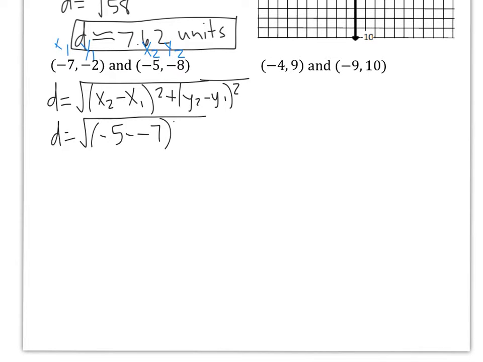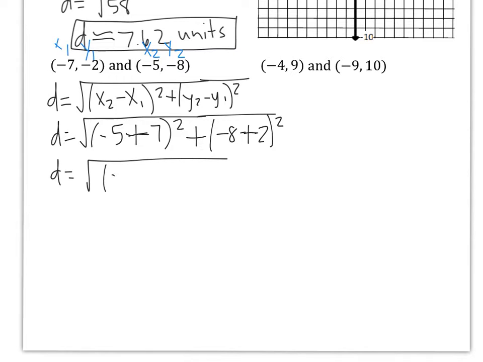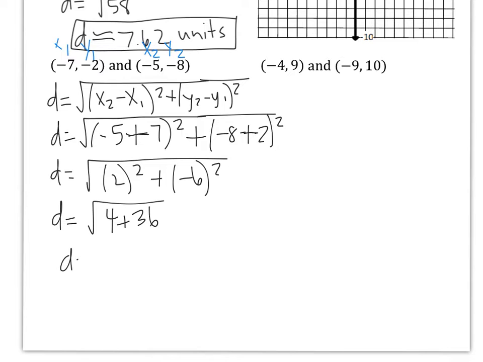So when we see 2 negatives in a row, chop, chop turns to a plus. Plus y2 is negative 8 minus negative 2. Again, chop, chop turns to a plus. So distance equals negative 5 plus 7 would be 2, so 2 squared, plus negative 8 plus 2 is negative 6 squared. So distance equals 4 plus 36, so the distance equals the square root of 40.